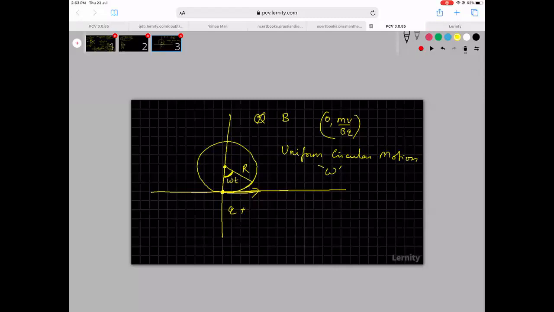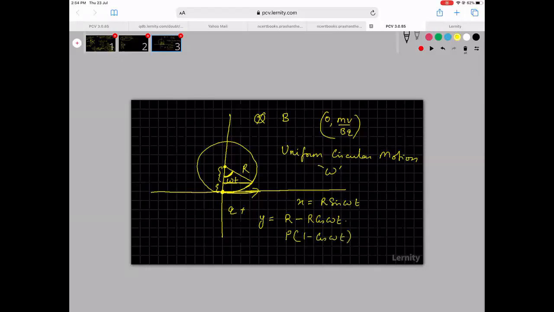So this is r. Then can I say the x coordinate is x equal to r sine omega t? What is y equal to? The y coordinate is r minus r cos omega t. So that means y equals r into 1 minus cos omega t.